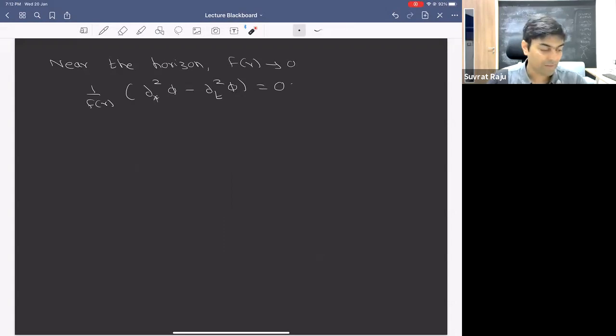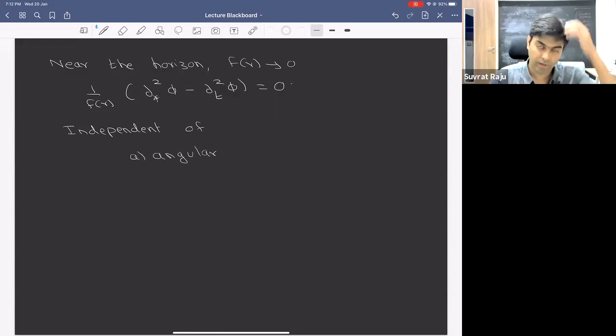I want to emphasize that this is independent of many things. Okay, it's independent of the angular part. So, if you were to separate variables, in fact, in a little while we'll write down some expansion in terms of a sum over angular momenta, but it's independent of the angular part. Okay, it's independent of the mass. The mass has dropped out of this equation near the horizon.